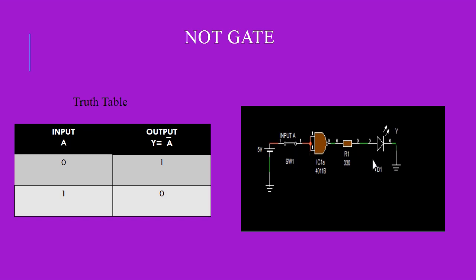So this is the inversion of the input. When input is 0 we get output 1, when input is 1 we get output 0. So this is the inverted output we saw here. This is the overall circuit design and function of a NOT gate by using only one NAND gate.